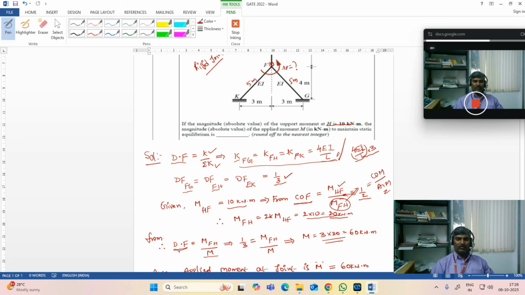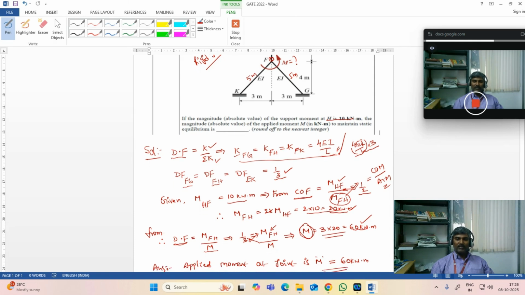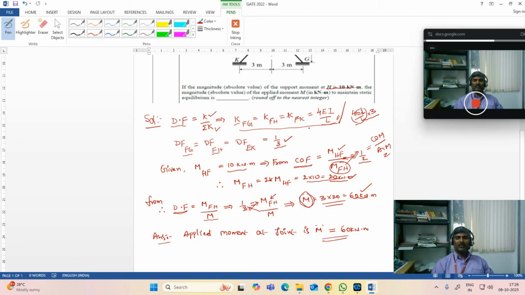Using that, the distribution factor is 1 by 3 for that member, and the moment shared is MFH by M. You know this value, just found, 20. So 20, you cross multiply. 20 into 3 is 60. So the applied moment at the joint is 60 kilonewton meter. So that is the solution for this question.